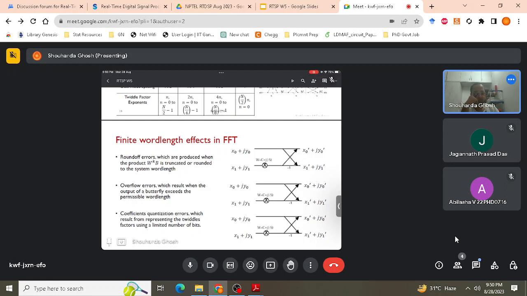So when you truncate the other k LSBs, some error is introduced which we call the round off error. And then there are overflow errors, which happen in case the multiplication product does not fit into the word length of your output register. We should always avoid this at all costs.